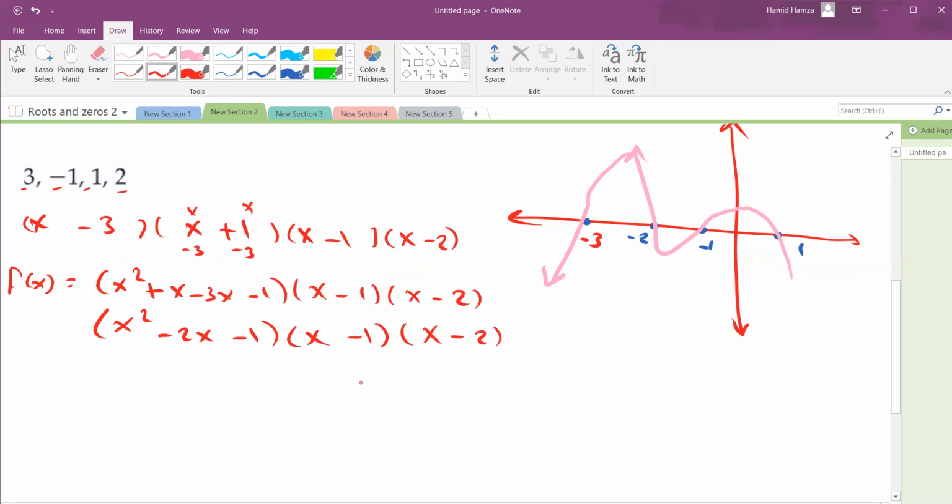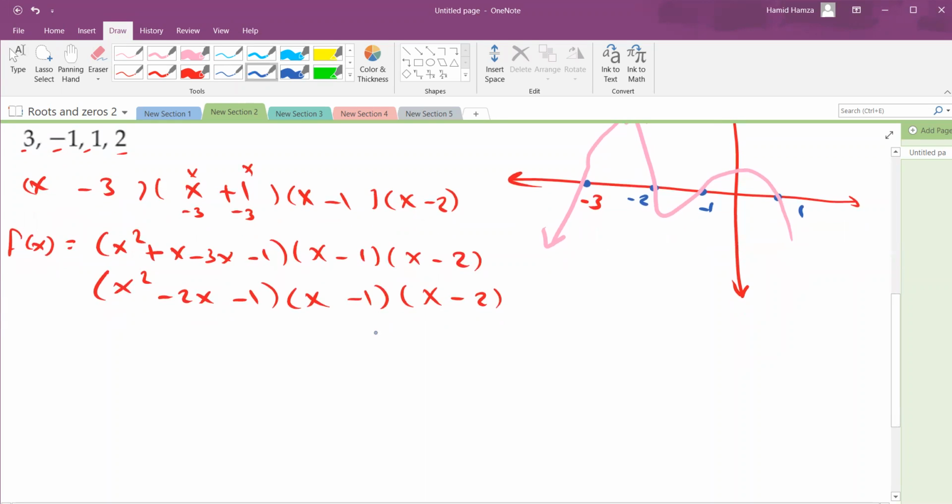Then we multiply. We'll take it step by step, guys. Then we'll multiply this bracket. Multiply x first, then -1. So I multiply 6 times. X by x squared will be x power 3, minus 2x multiplied by x will be 2x squared, minus 1 multiplied by x will be x.